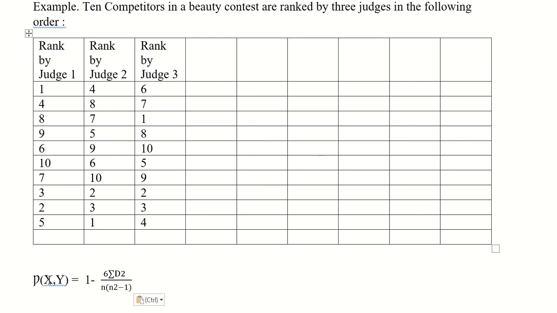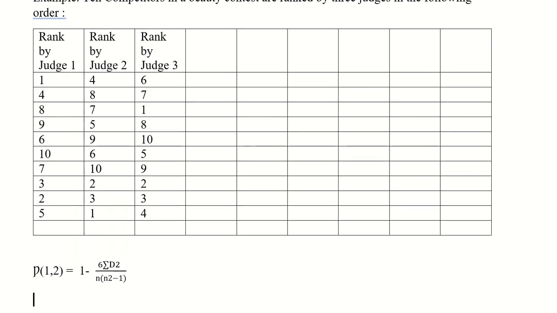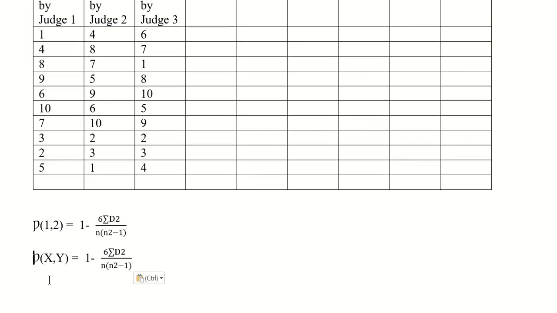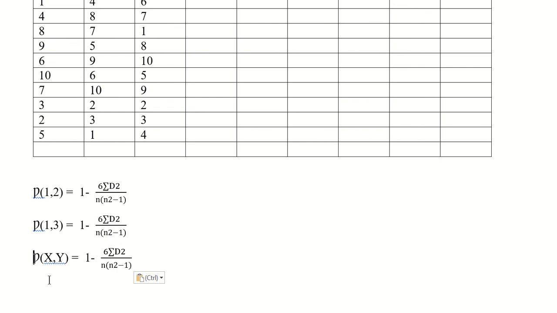So correlation between judge 1 and judge 2, then correlation between 1 3, then we need to calculate correlation between 2 and 3, right?